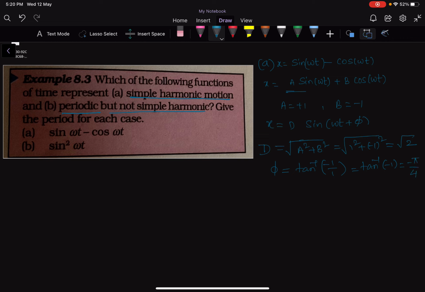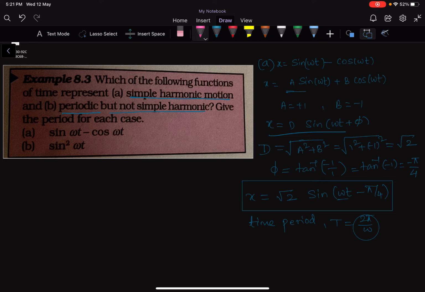Substituting the values again, x equal to root 2 sin of omega t minus pi by 4. This is a simple harmonic motion equation with time period T equal to 2 pi by omega.